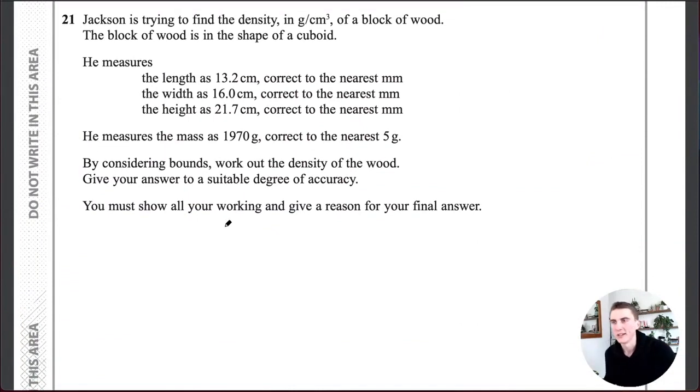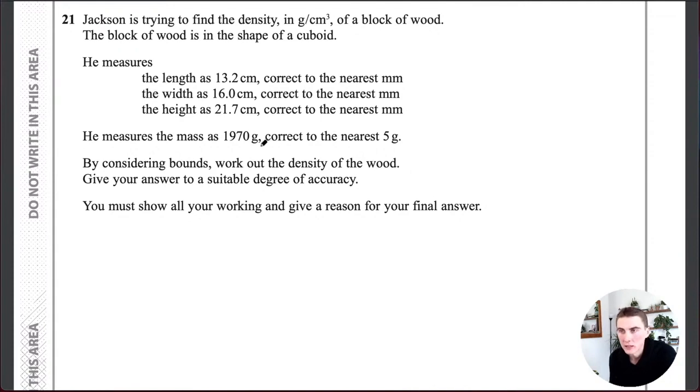Number 21, last question here. It says, Jackson is trying to find the density in grams per centimeters cubed of a block of wood. The block of wood is in the shape of a cuboid. He measures the length, the width, and the height, and they're all correct to the nearest millimeter.